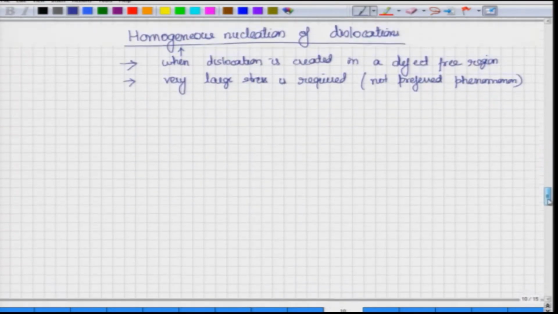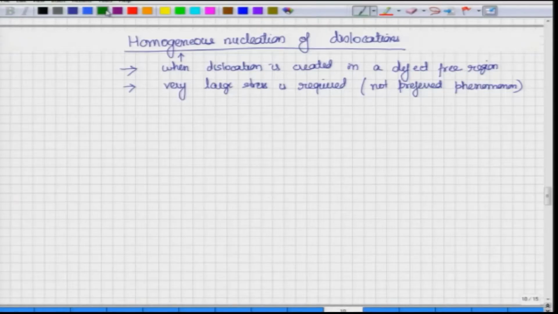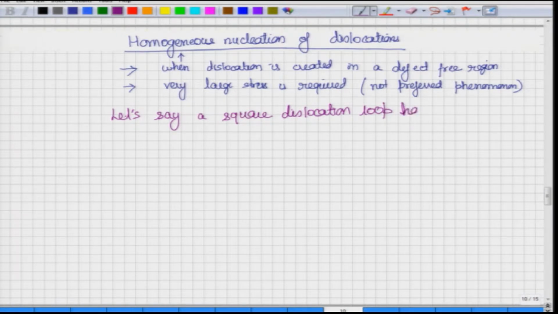Okay, so now let us say that a dislocation loop has been created. What is the shape of this dislocation loop? So, let us say a square dislocation loop has been created.